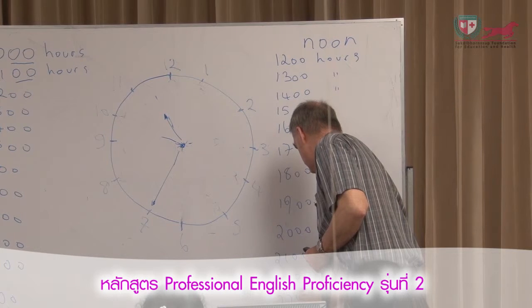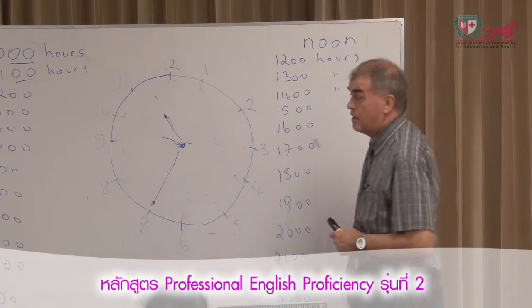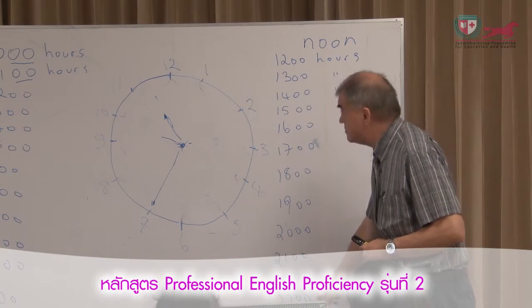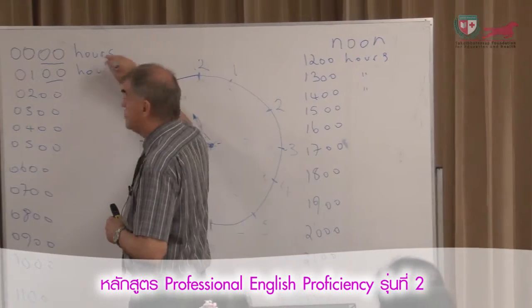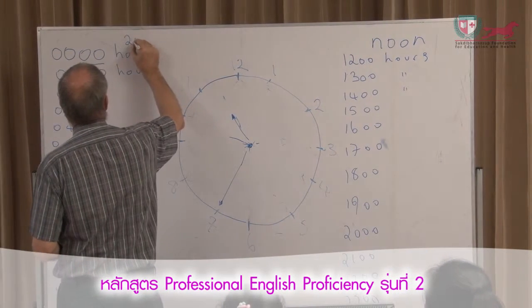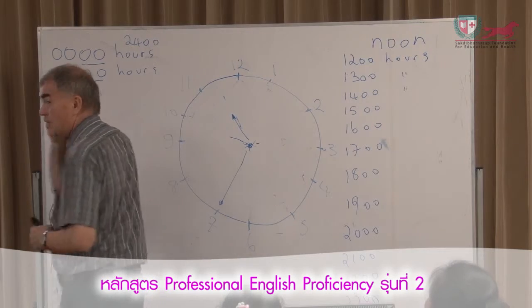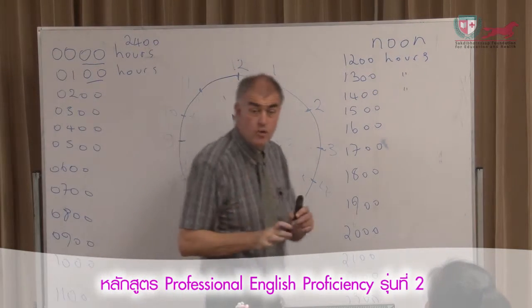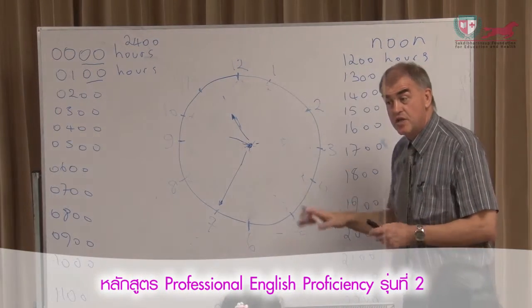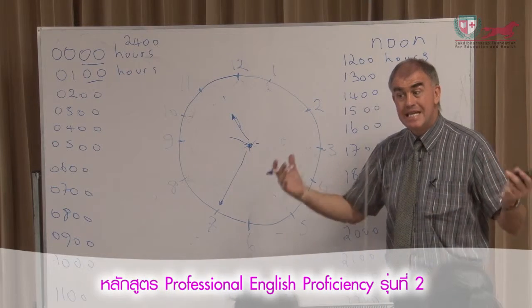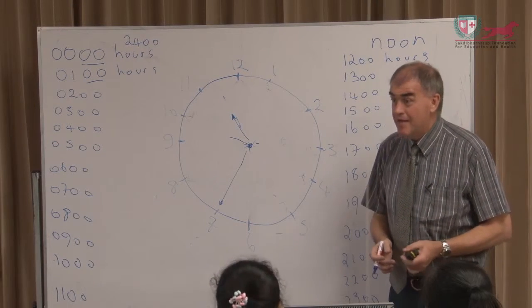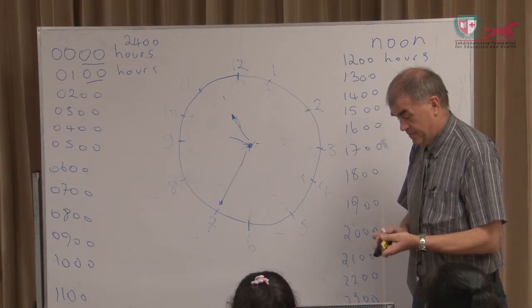So this could also be 2400 hours. So 2400 hours and 0000 hours are the same time. They are the same time.